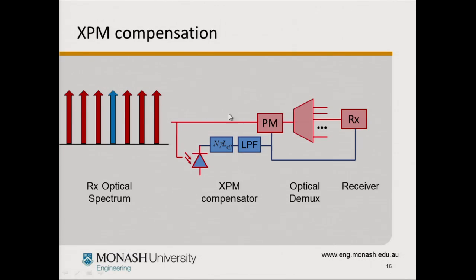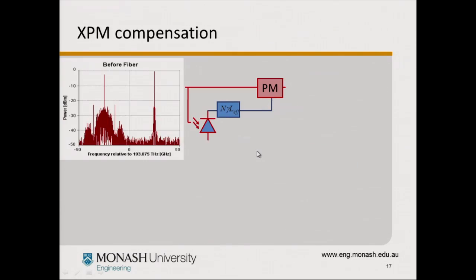So what we propose is, just like compensating for self-phase modulation or the single carrier effects, to put this method out the front of the demultiplexer and compensate for cross-phase modulation. Now, in a dispersive link, the mapping of cross-phase modulation is actually very narrow band.